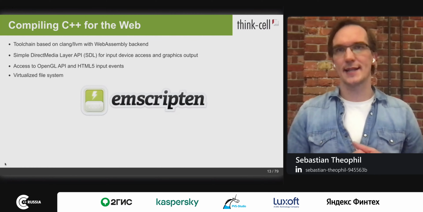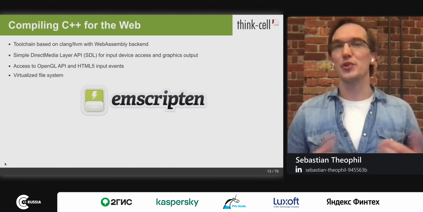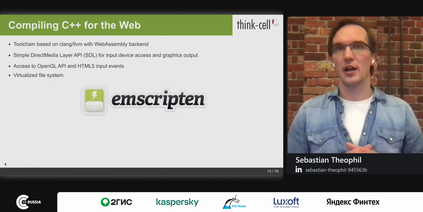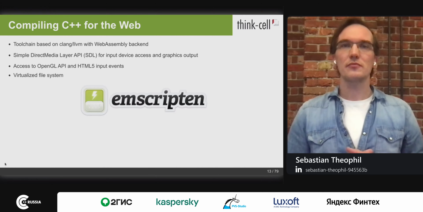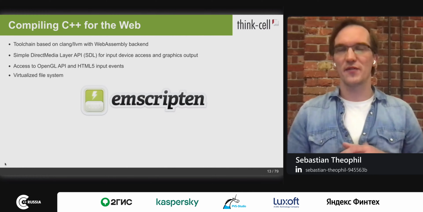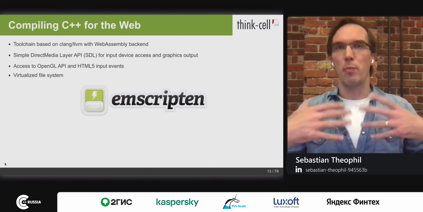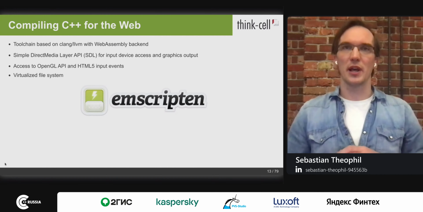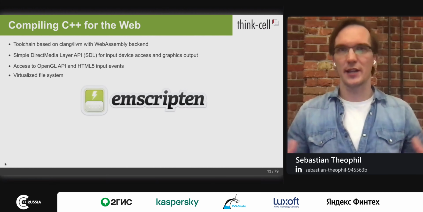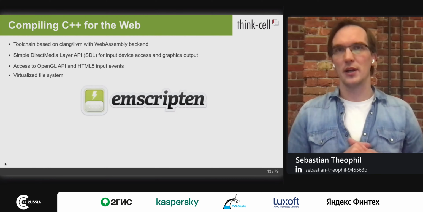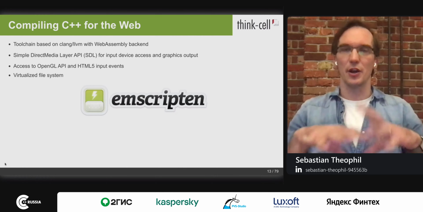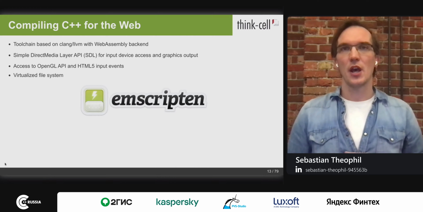And Emscripten lets us access the input event APIs that are provided by HTML5. And last but not least, Emscripten also gives us a small virtualized file system, so you can actually bundle your WebAssembly application with files, textures, input files, and you can read them as if they were on the disk somewhere, but in reality, they're all part of your application.